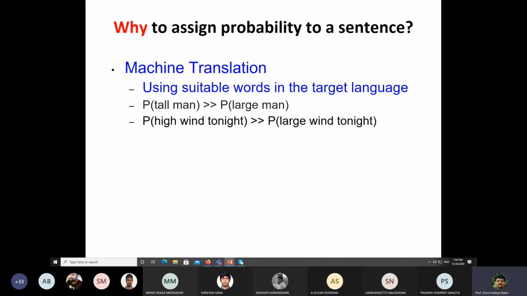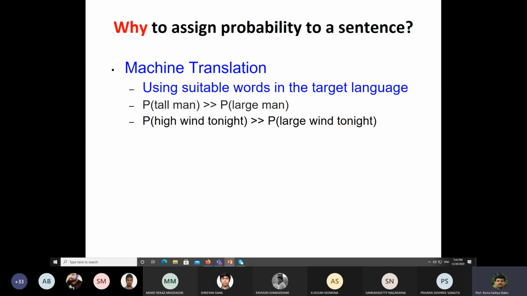Similarly, in Hindi also, "bada wala", "chota wala" means, taking into consideration the context, it may come as tall, or in some context it may come as large. But when it is translated into some other language, what should be the possible or the best set of words that need to be taken into consideration?